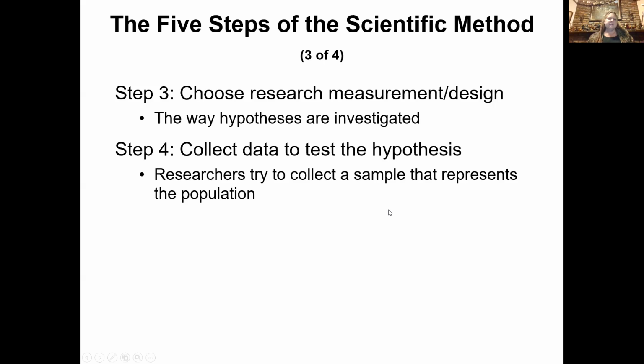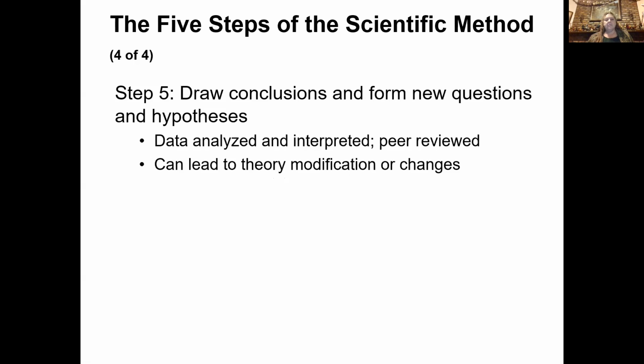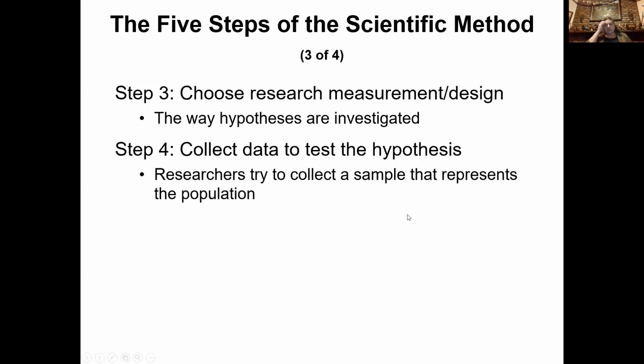Number 4, collect data to test the hypotheses. Researchers try to collect a sample that represents that population. And what this means is, if I want to collect data regarding gun legislation, and I want to know if college students support gun control measures, or if they support maybe looser gun laws.